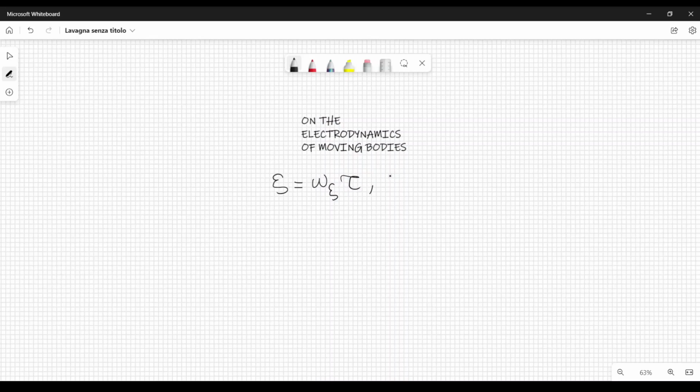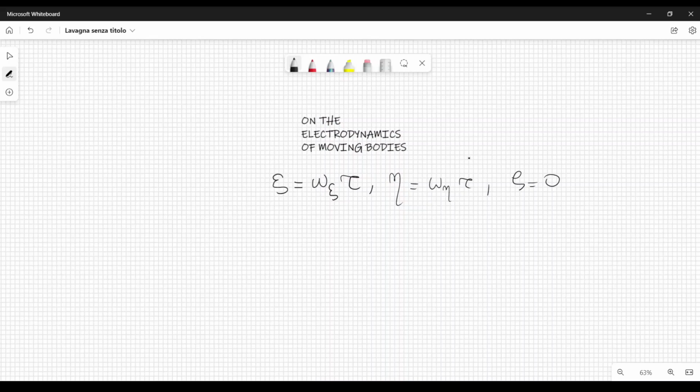Then we have eta equal to omega eta tau, and then we have zeta equal to 0. So this point is moving along the xi eta plane. And as I said, omega xi and omega eta denote constants.